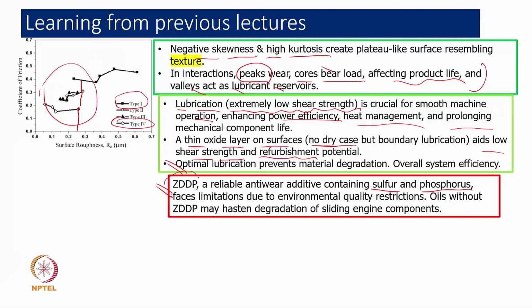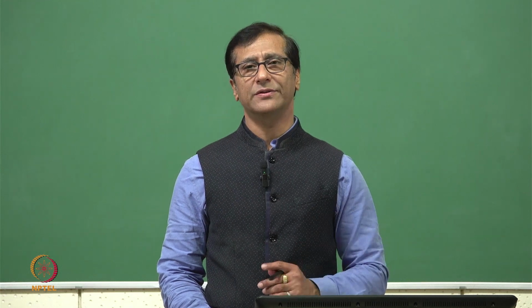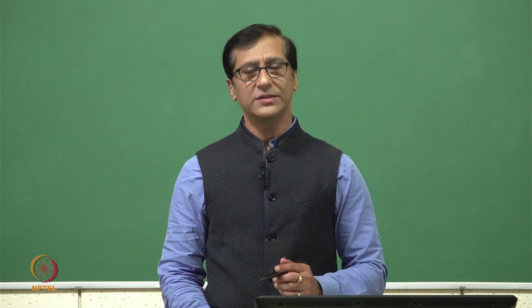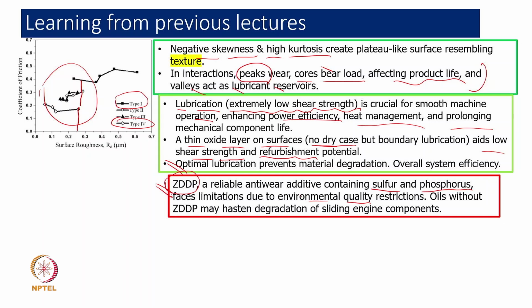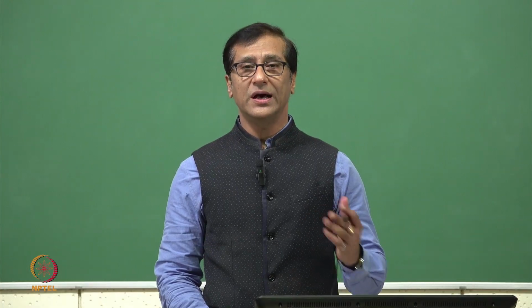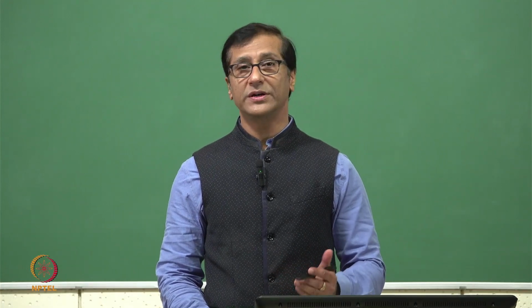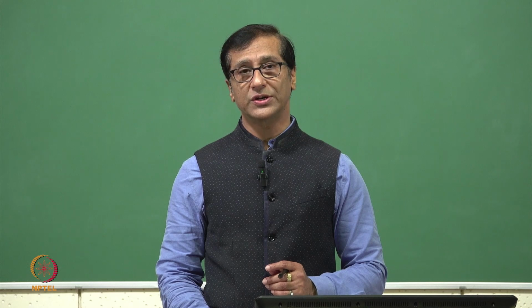So there is a challenge for ZDDP, and we really need to replace it in future engine oil. For that purpose, some experiments were done by researchers, and what they found is that oil without ZDDP increases the degradation of the sliding engine components. So ZDDP is essential. Unless we get a complete replacement, we will not be able to get a good solution.